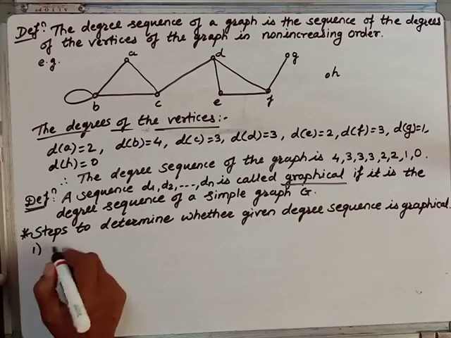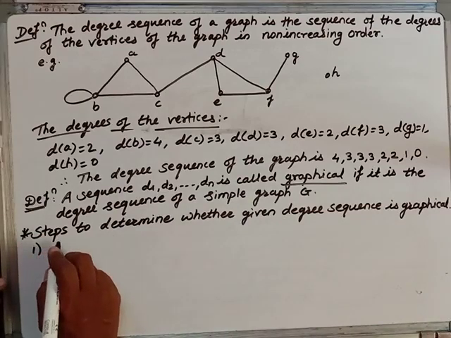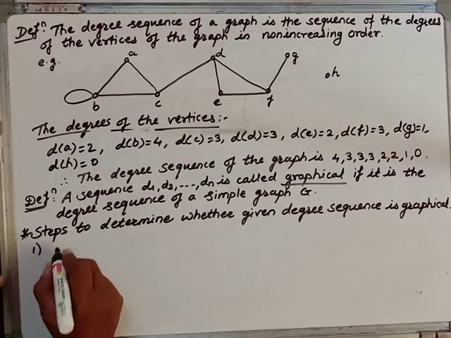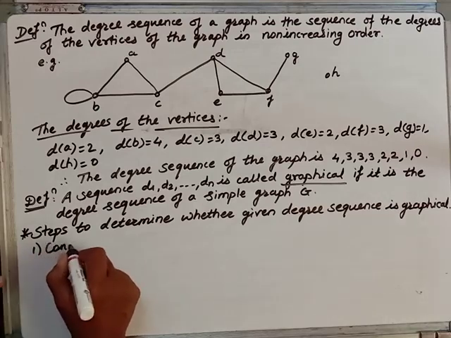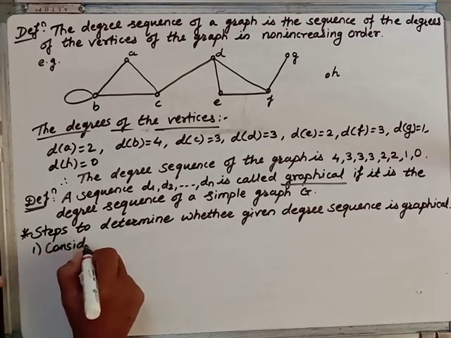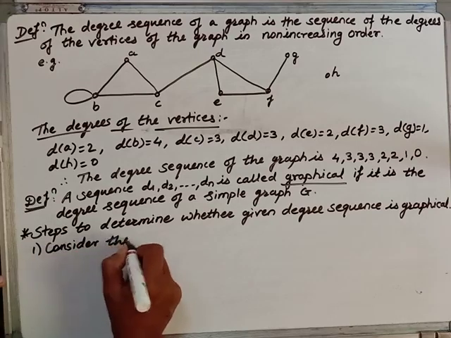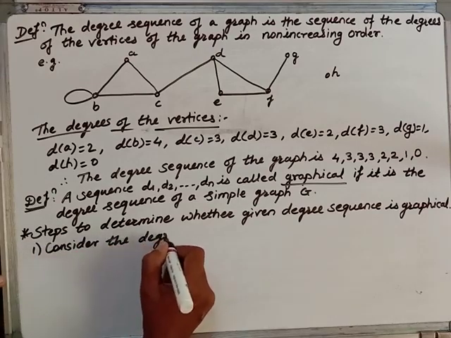So step 1, it says consider the degree sequence in non-increasing order, which means descending.